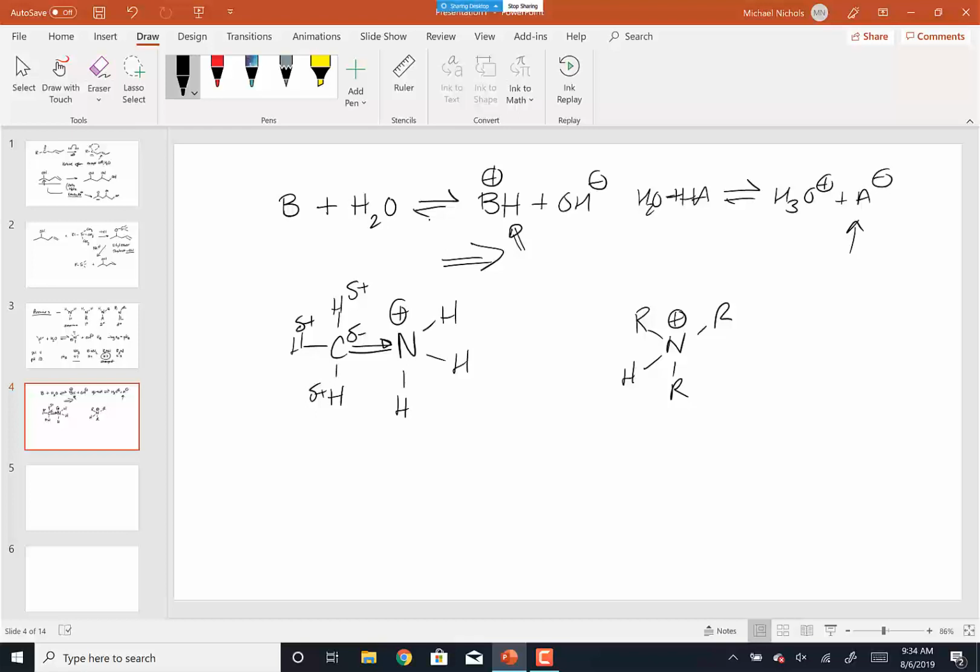How else could I stabilize BH+? Add an alkyl group, push electron density towards it. What else could I do to make BH+ more stable? So in other words, what's the other factor we have to take into account?